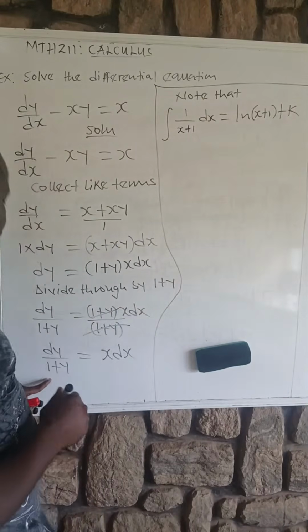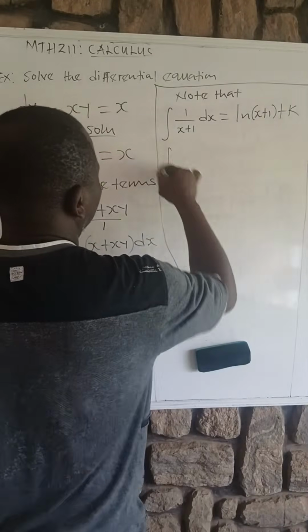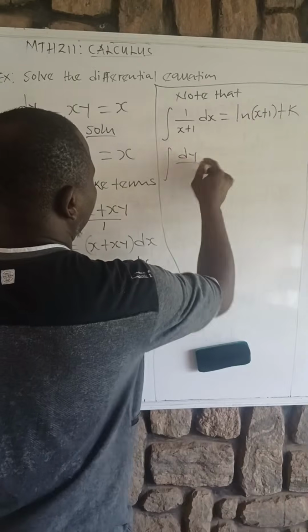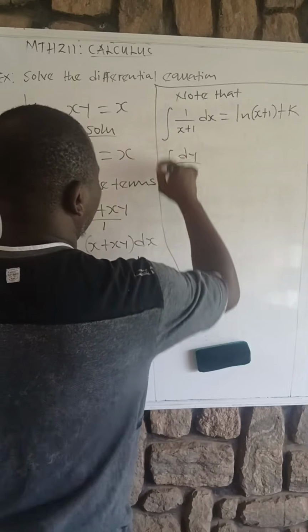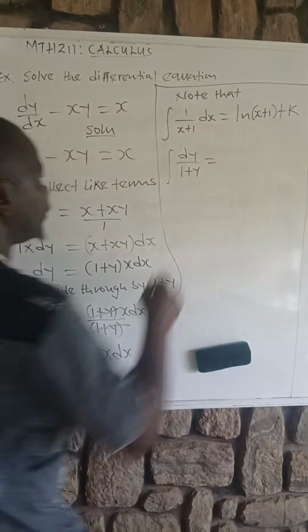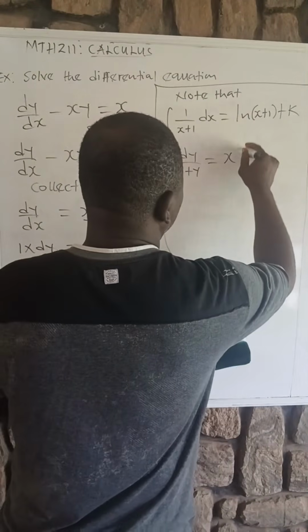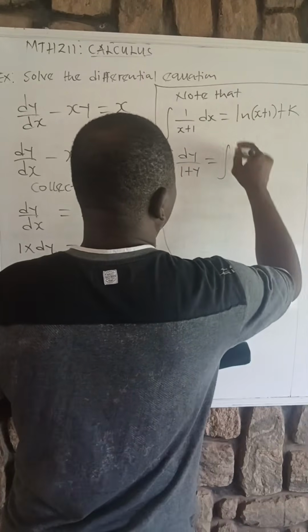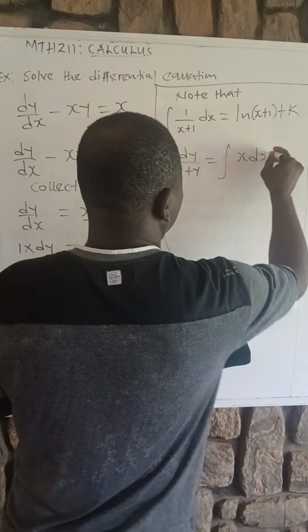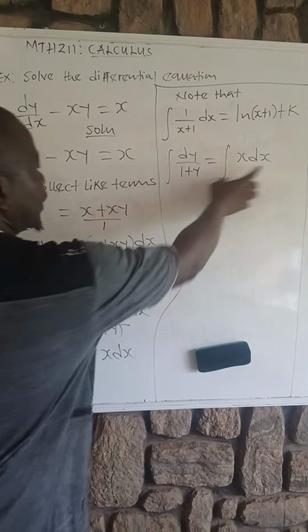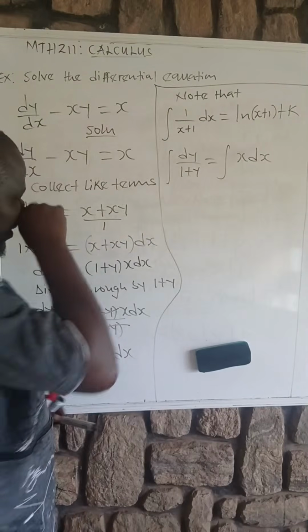So now here we have dy over 1 plus y equals x dx. When we integrate both sides, this is how it will be. True or false?